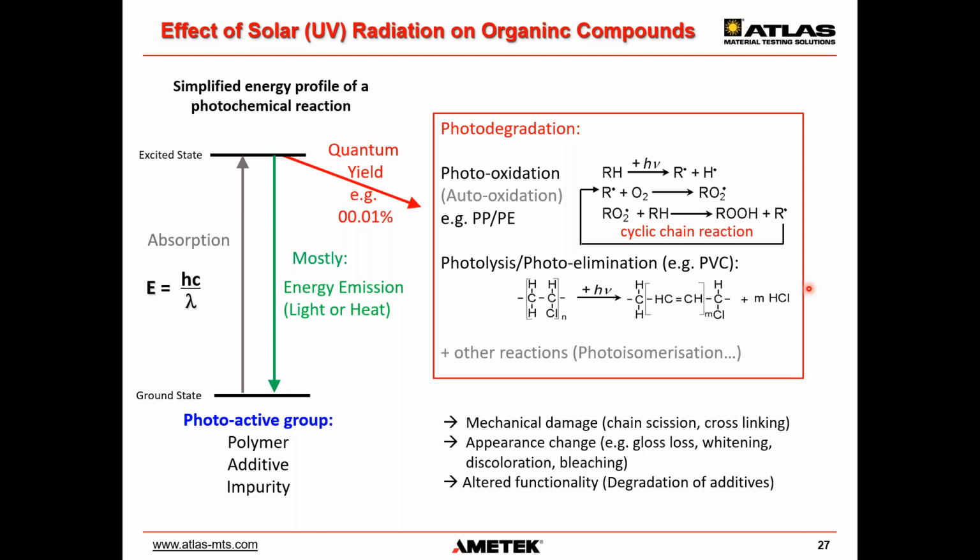And radical reactions are typically chain reactions. So typically one photon resulting in a radical can cause multiple damages in a polymer. But we have other seminars just focusing on photodegradation, so I don't want to go into detail on that here at this point.